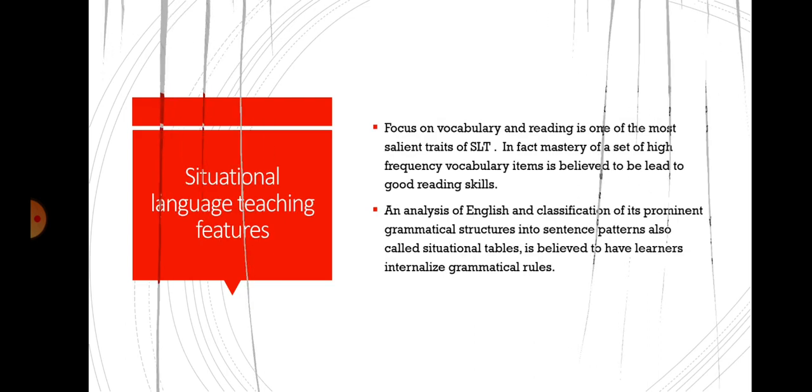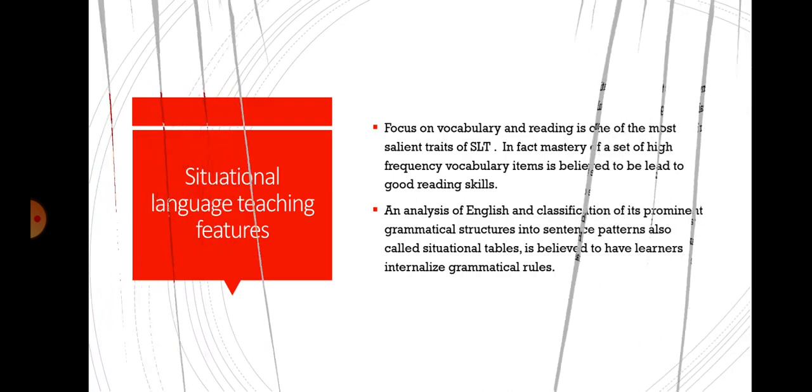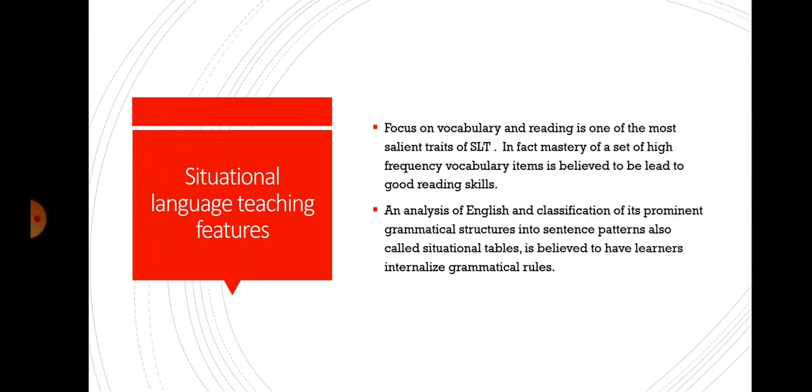Now we have to know the features. What are the features of situational language teaching? A focus on vocabulary and reading is one of the most salient traits of SLT, that means situational language teaching. In fact, mastery of a set of high-frequency vocabulary items is believed to lead to good reading skills.